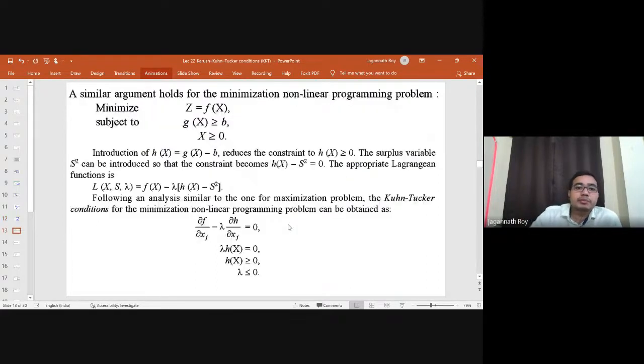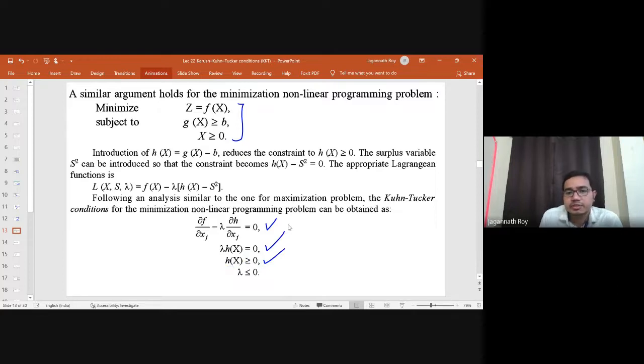Now, if we have a minimization problem, then the Kuhn-Tucker conditions for a minimization problem will be almost similar. So the first and the second set of equations will be similar. The third, because this is a minimization, will be a greater-than type constraint.